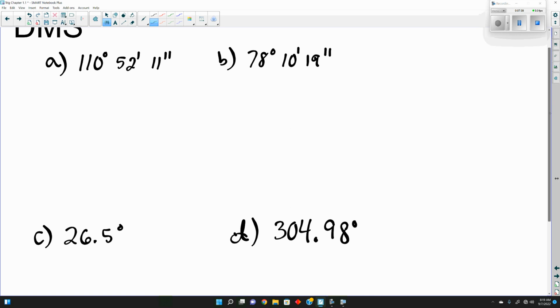So if I wanted to figure out this, 110 degrees, 52 minutes, 11 seconds as a decimal, taking it back into decimal form, what we would do is start off with 11 seconds and divide it by 60, because we're converting it from seconds to minutes.